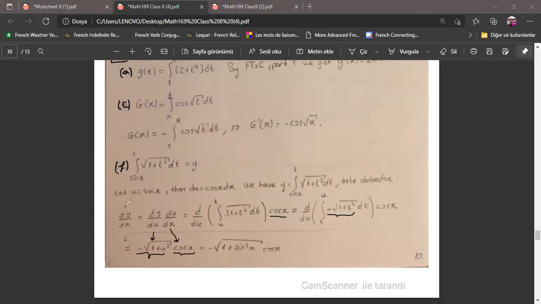Okay, now we need to find dy over dx. So all terms should be in terms of x or constant, right? So instead of u, we need to write some function in terms of x, which was here, u is equal to sinus x. So we just plug u equals to sinus x and get this function, okay?